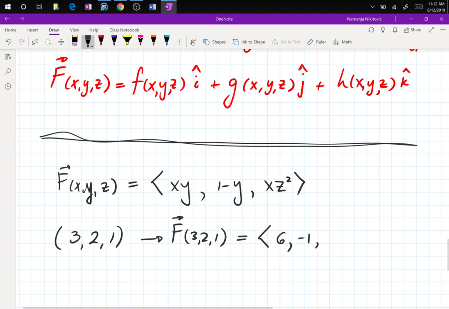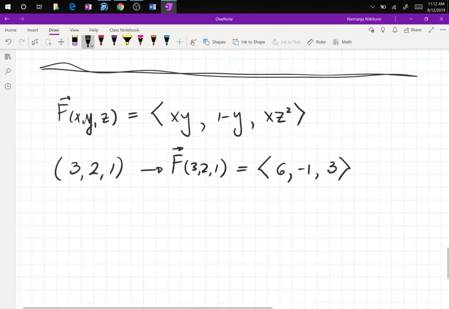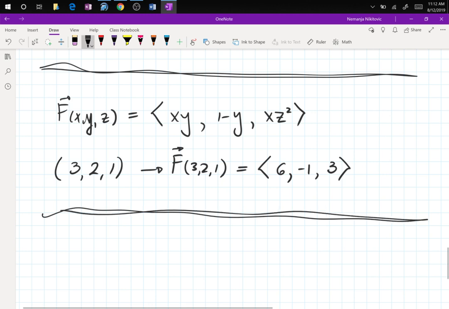And x z squared, z is 1, so 3. Vector fields take a point as the input, and they spit out a vector. And that vector is supposed to represent the direction in which the point wants to move. So 2D, 3D example, all good. You have x, y, z, plug them in, and compute the vector field.